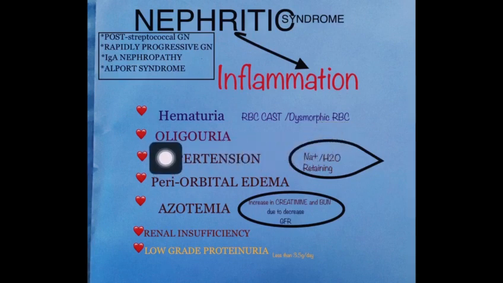And because of inflammation in the kidney, your kidney won't produce a sufficient amount of urine, so there will be less urine output, and that condition is known as oliguria. Oligo means few and uria means urine.